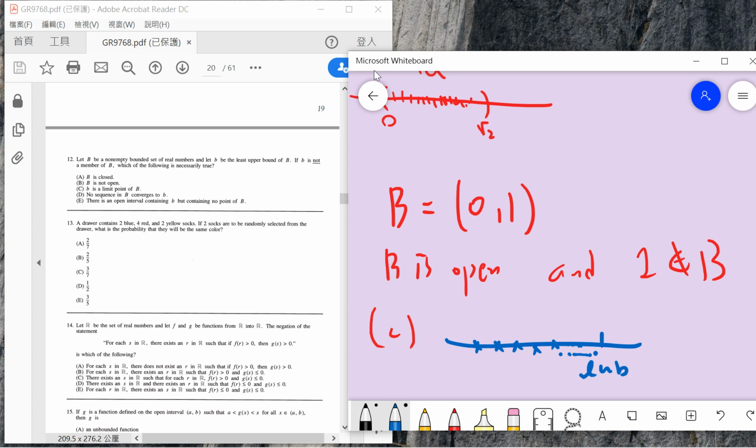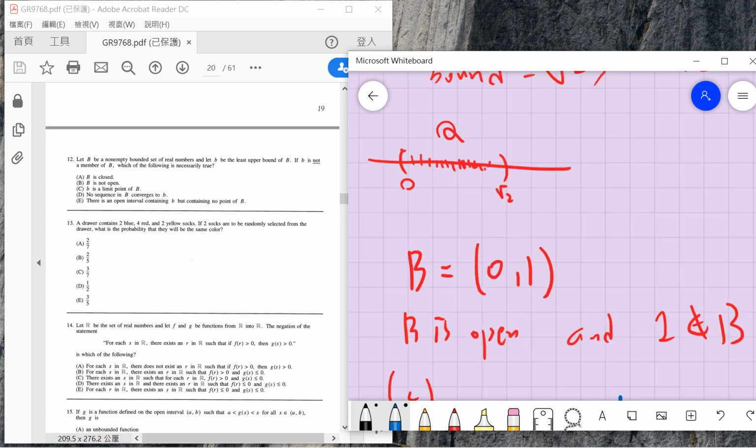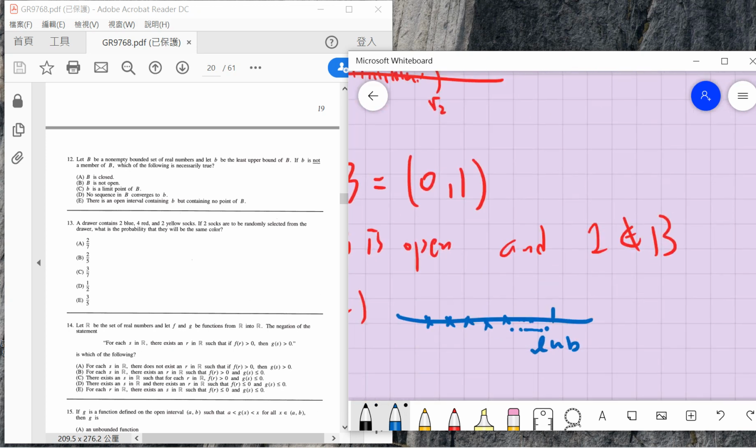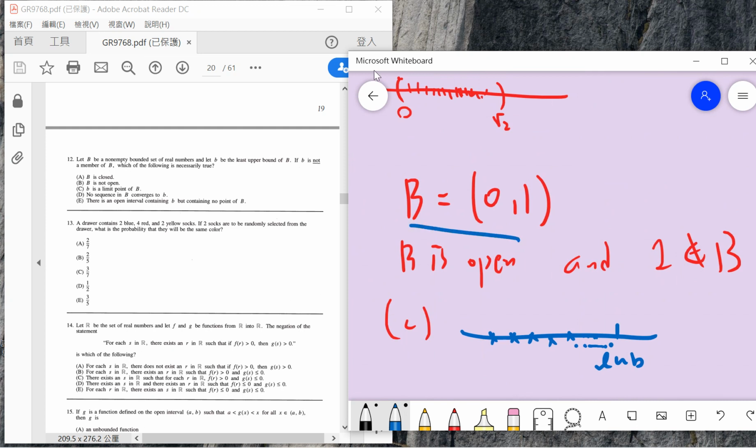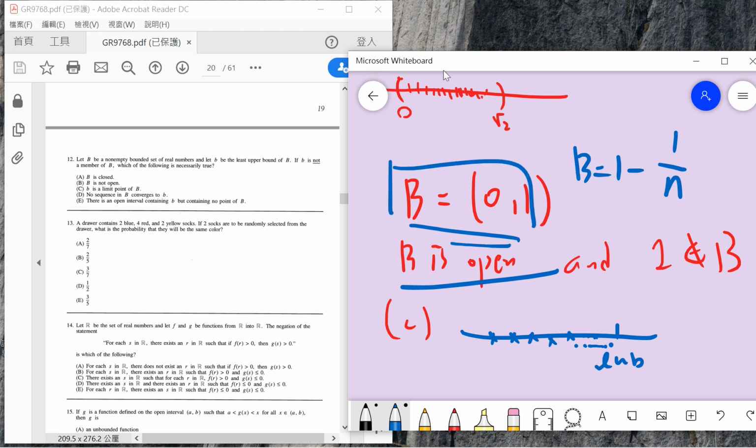And D, no sequence in S converges to small b. This is wrong in this case, right? I can choose the sequence 1 minus 1 over n. So there is a sequence converging to small b, which is 1. E, there is an open interval containing b but containing no points of S. In this case, suppose we use this as a counterexample. We have 0 to 1, an open interval.